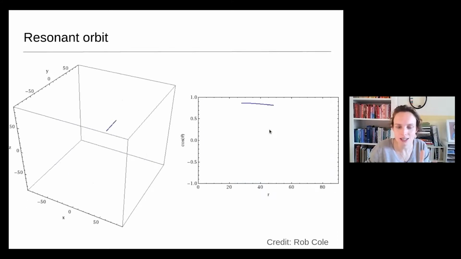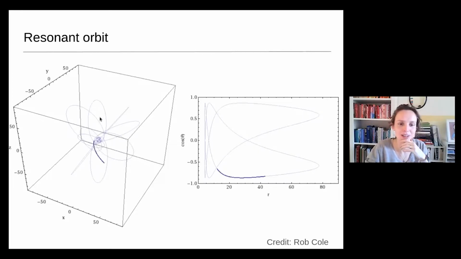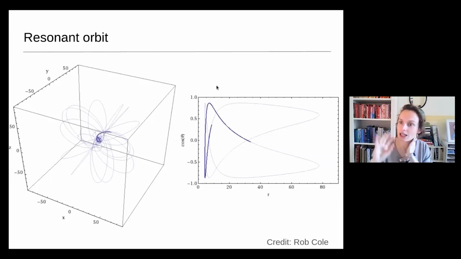However, when a resonance happens, we can first look at the left picture. I may say something like, oh, maybe it looks less messy, but it's hard to tell if you just compare the pictures on the left. But if you now look at the right figure and its projection onto the r theta plane, it's striking.